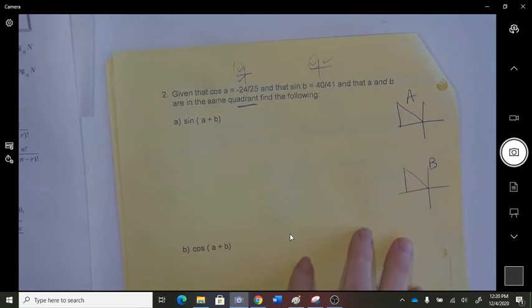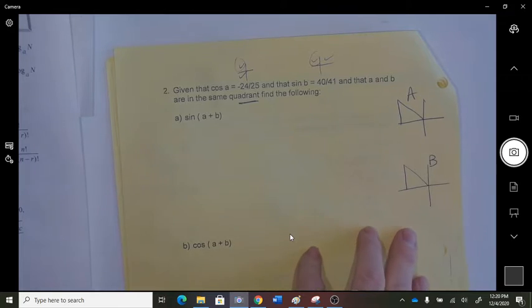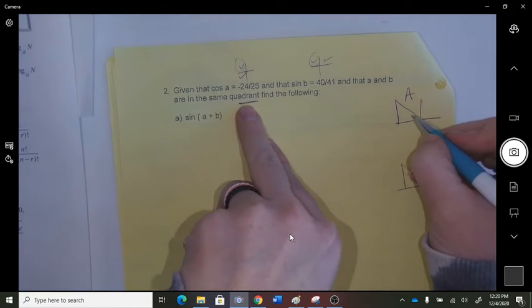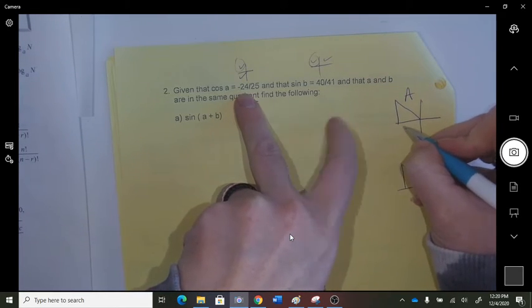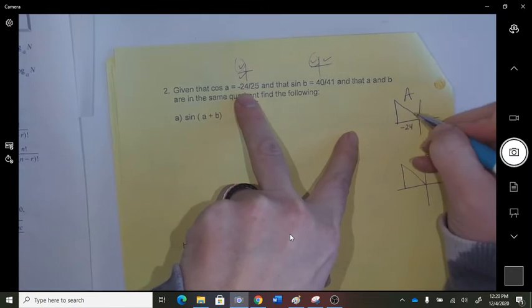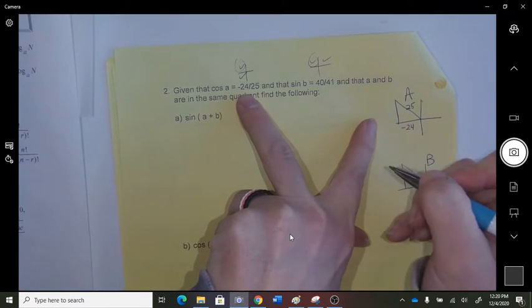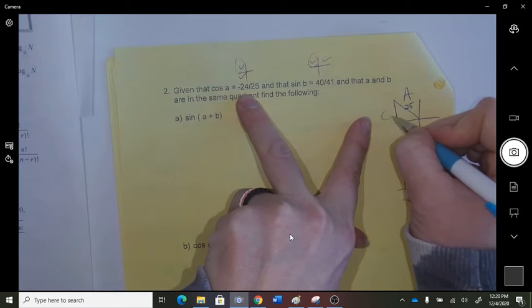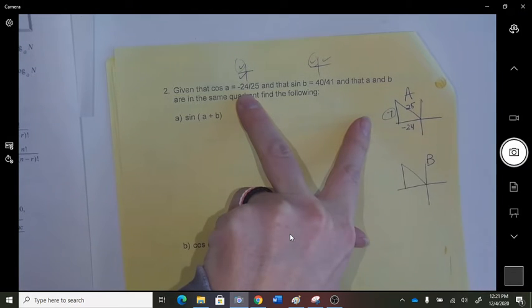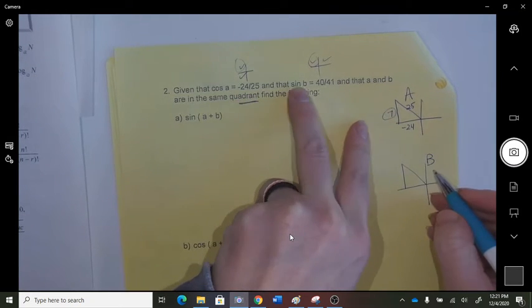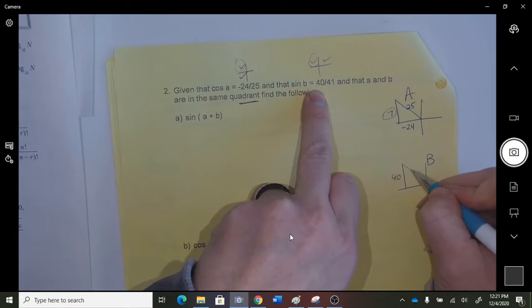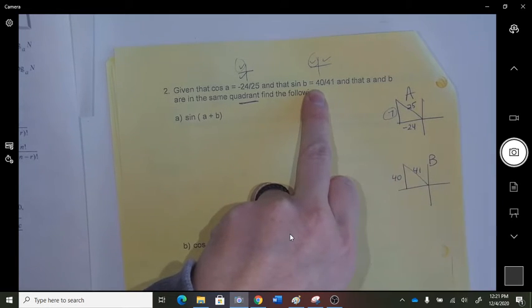Okay, so we're going to do angle A and angle B. So for A, I was given the cos, so I've been given the x and the r. So I need to solve for the y, which is positive 7. B, I'm given the y and the r, because I'm given sine, y over an r.